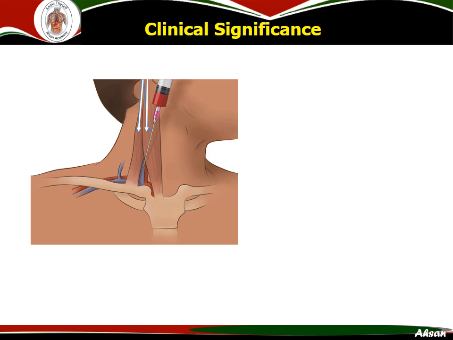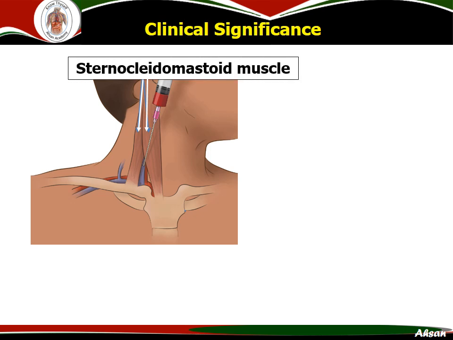What is the clinical significance? You can see the sternocleidomastoid muscle insertion, sternal head and clavicular head. There is a V-shaped area between these two heads, and in between these, superficially lies the internal jugular vein. So the internal jugular vein is very easy to find, and the common carotid artery lies much deeper.